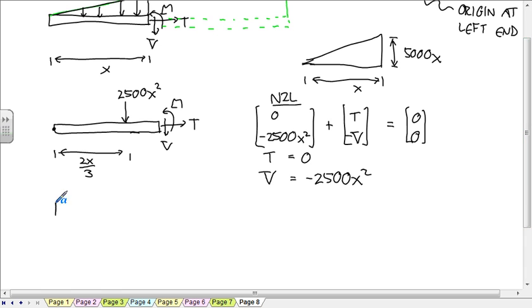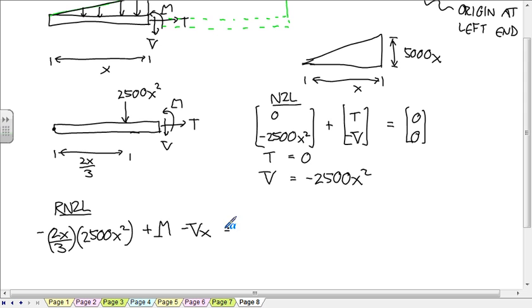And then rotational, we have negative 2x over 3 times 2,500x squared plus M minus Vx is equal to 0.